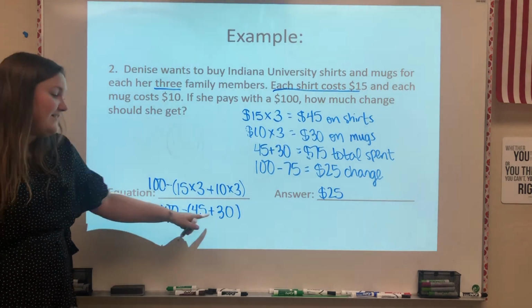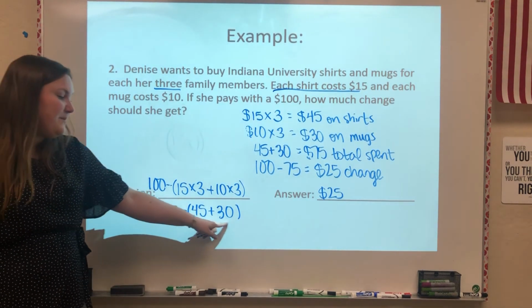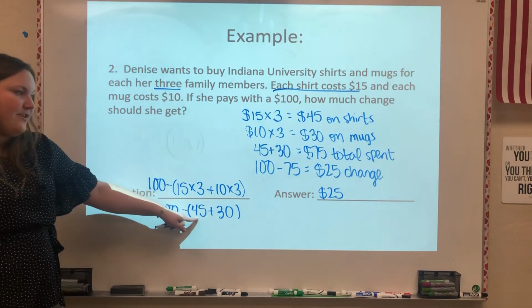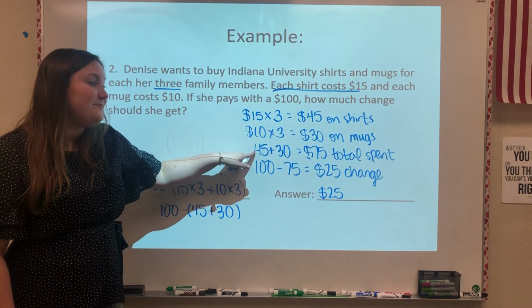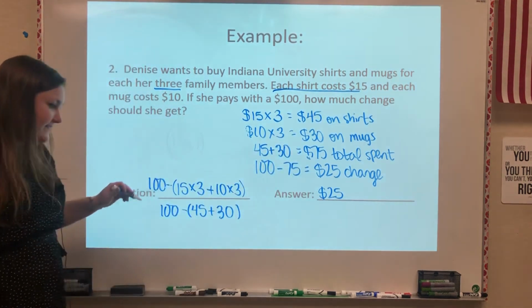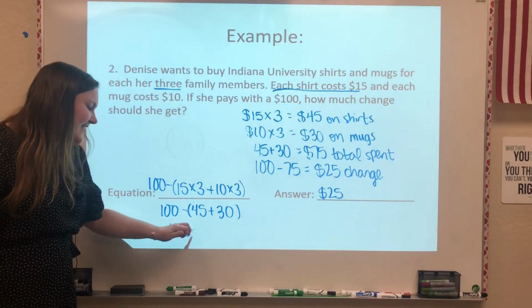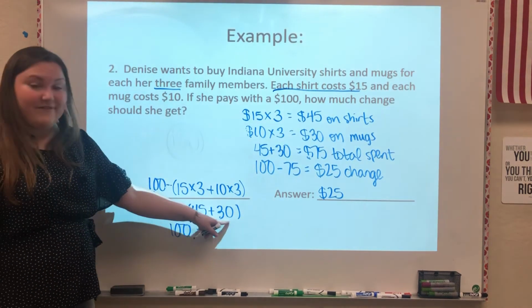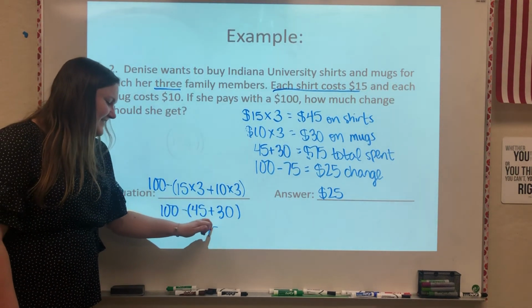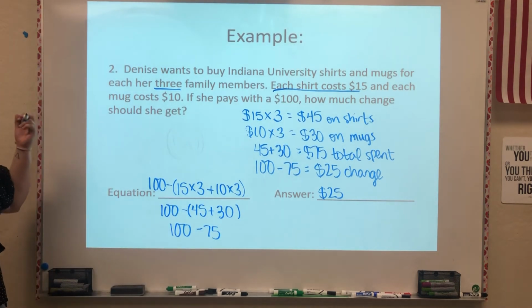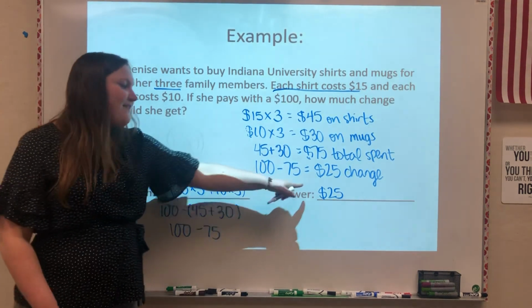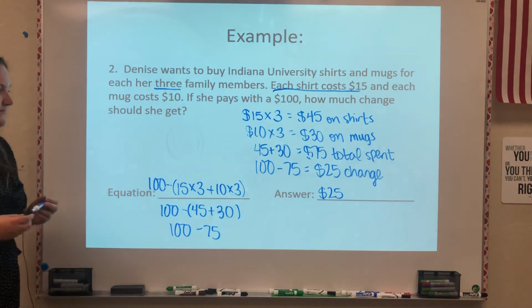Those parentheses are telling me the next thing we want to do is add those together. Notice in my work, the next thing I did was add those to figure out the total spent. That is why this next line is going to say 100 minus 45 plus 30, which is 75. Then the last part is just 100 minus 75, which gives us our answer.